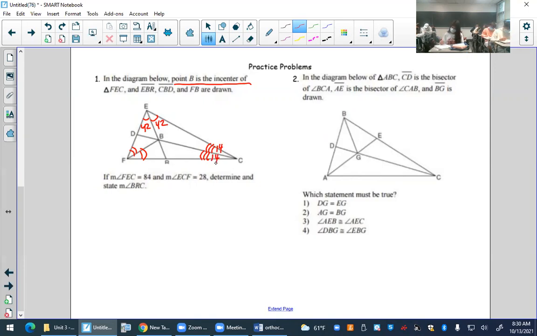Determine the measure of angle BRC. BRC. So there are different ways you can go about getting it. Anyone have any ideas? Brian? Define the angle of EBC. Yeah, how do you do that? By adding 42 and 42.